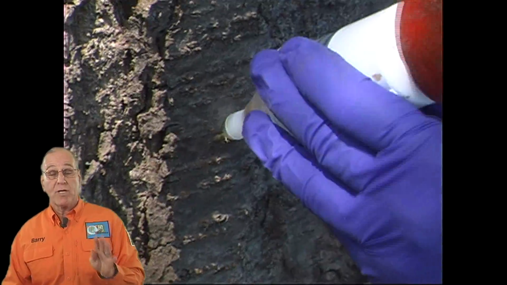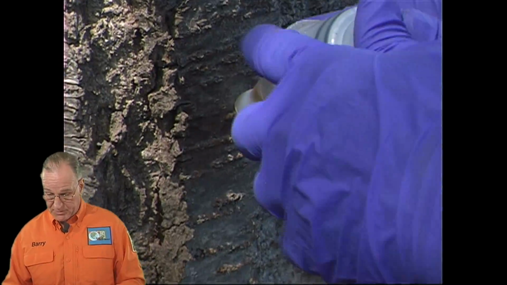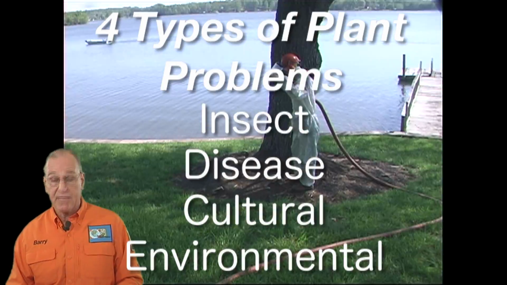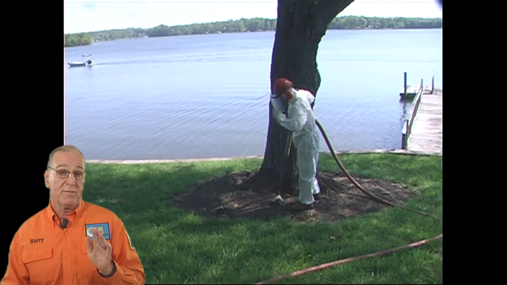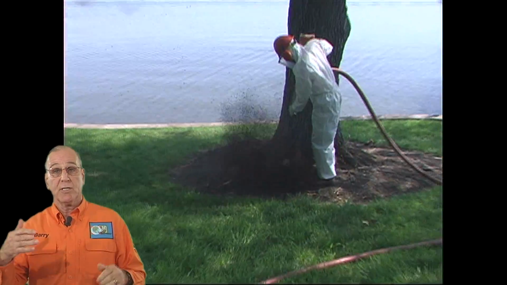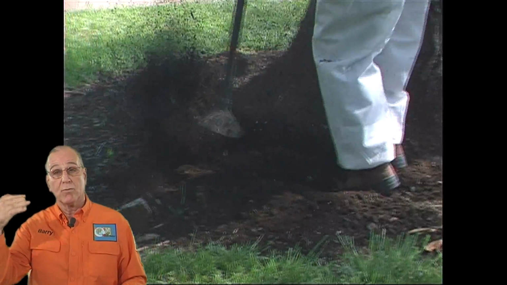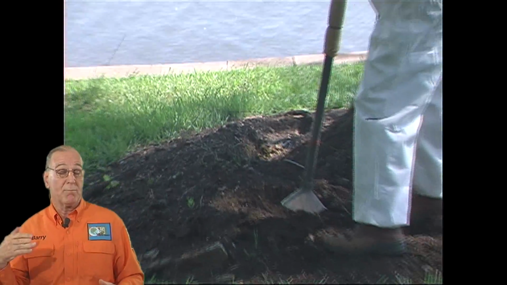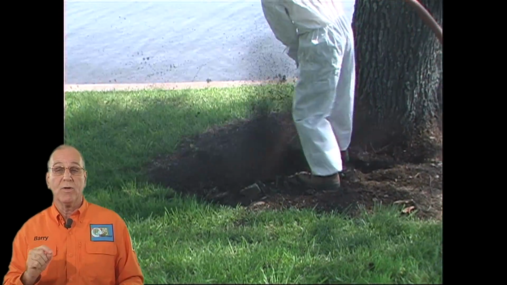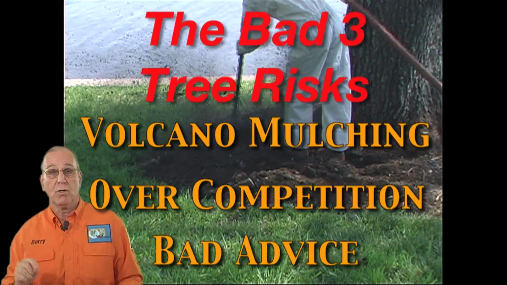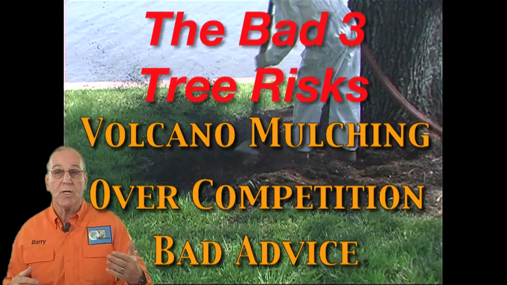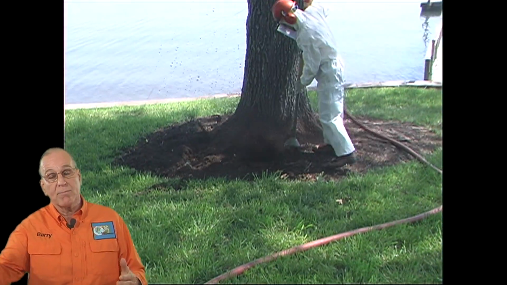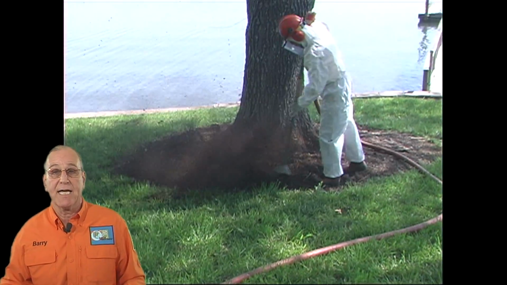There are 4 types of plant problems. There are insect, disease, cultural, and environmental. And what we've seen in the first several, root collar, aeration, decompaction, topsoil, and biostimulant, where we've dealt with some of the cultural problems, the things that we do that interfere with this natural strategy that we're trying to implement for our trees and landscapes to be healthy.